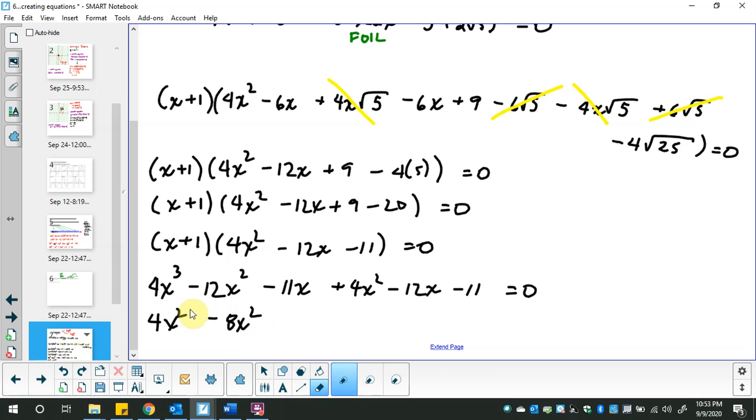Did you catch my typo? There is my polynomial equation in standard form.